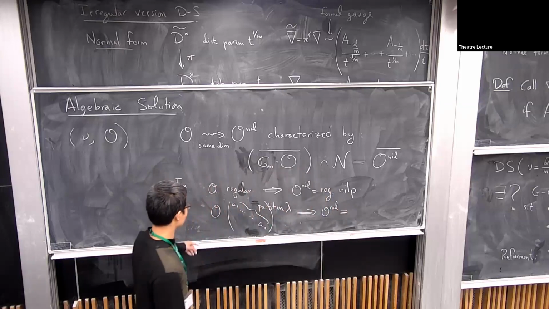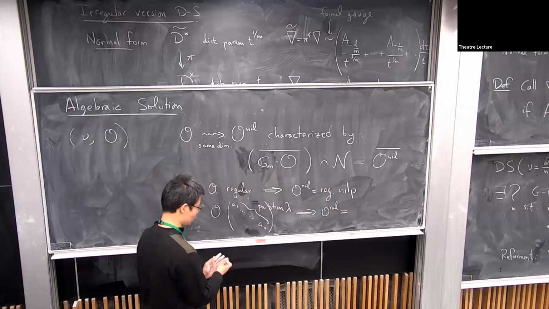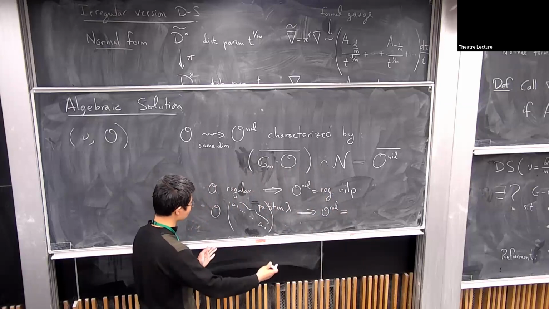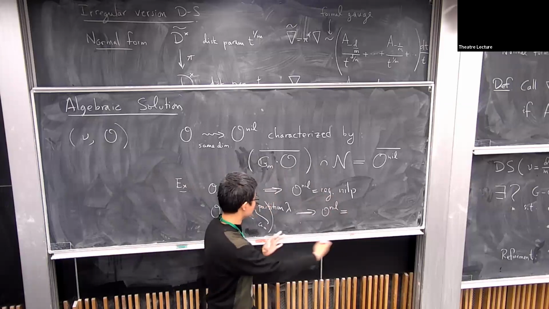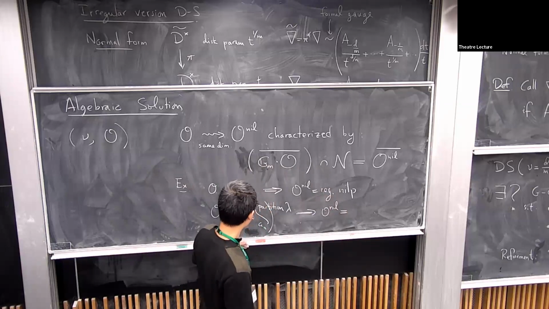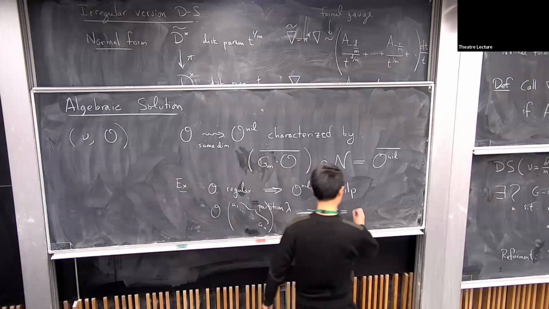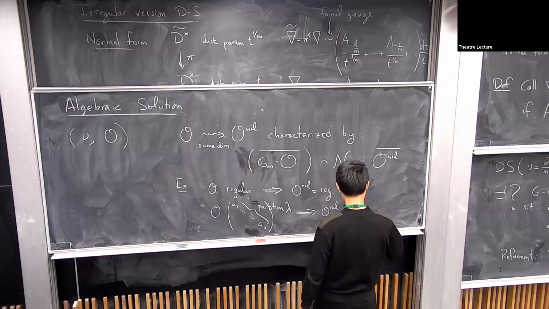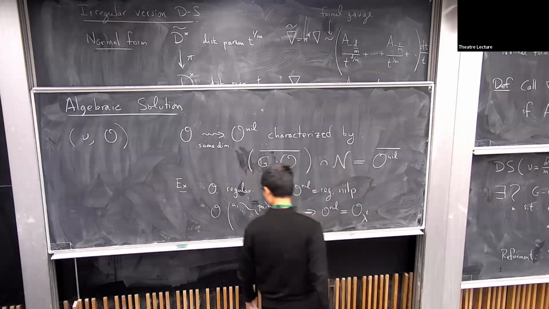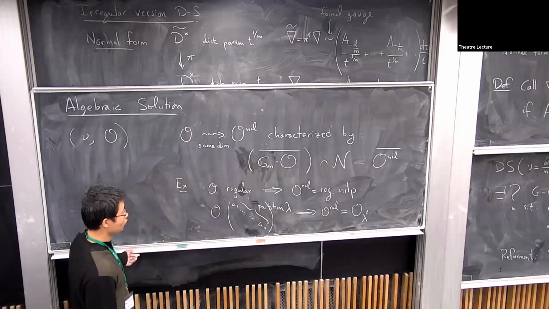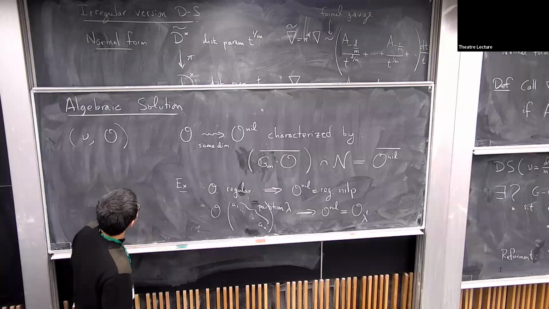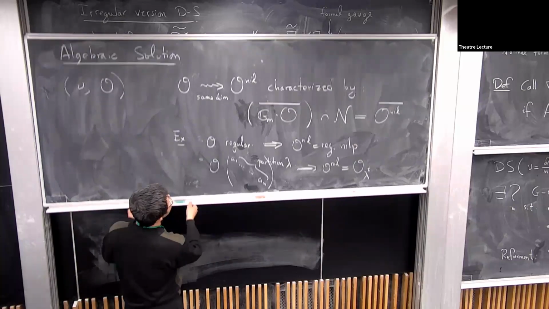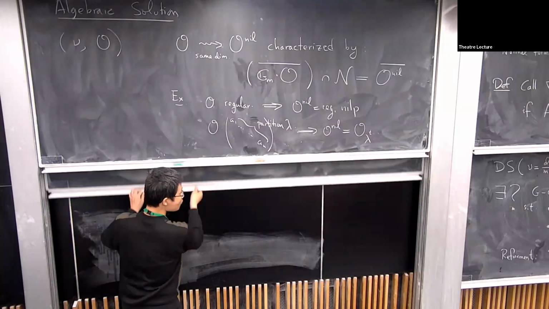So if this lambda is the trivial partition into singletons, we already see from here this has to be a single Jordan block. So here, yeah, this is the Jordan type, the conjugate partition. Okay, so that's some notation I need to formulate the algebraic solution.